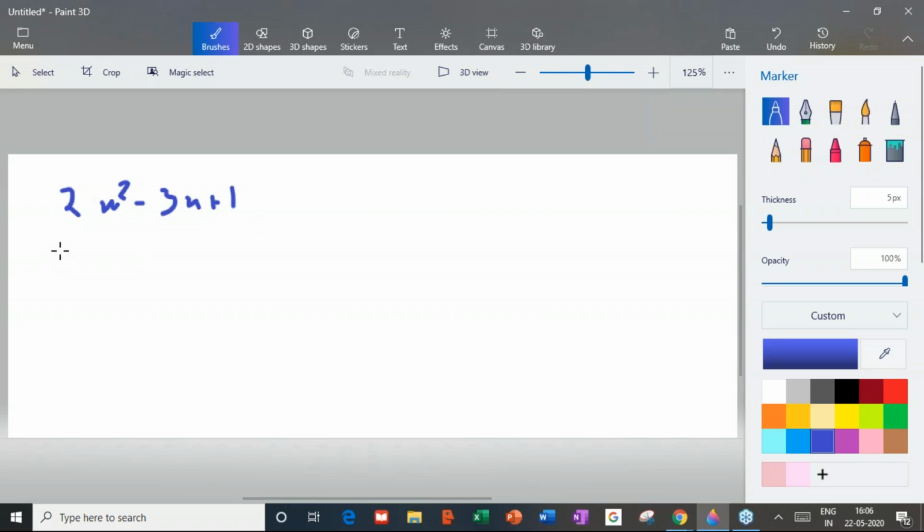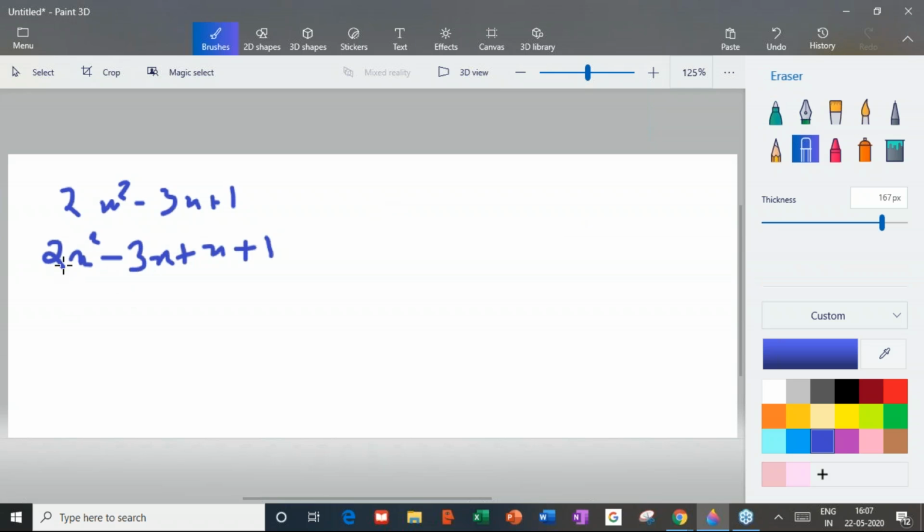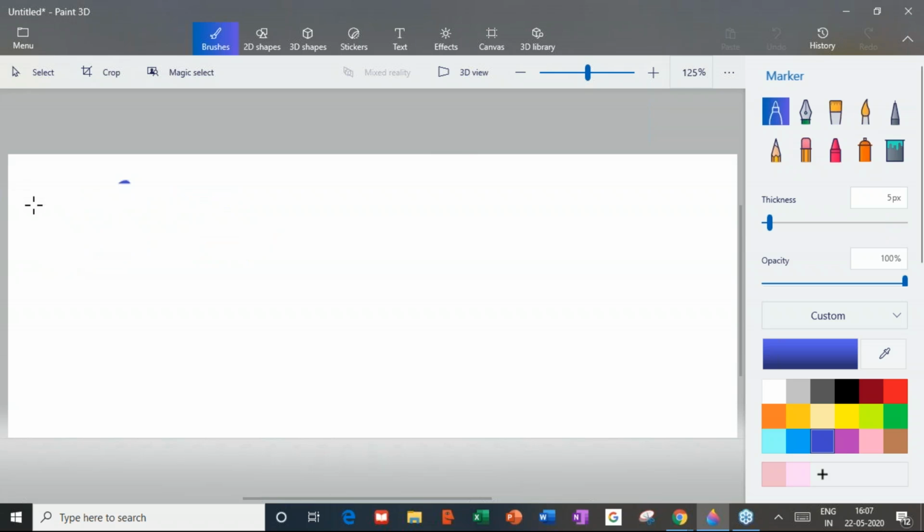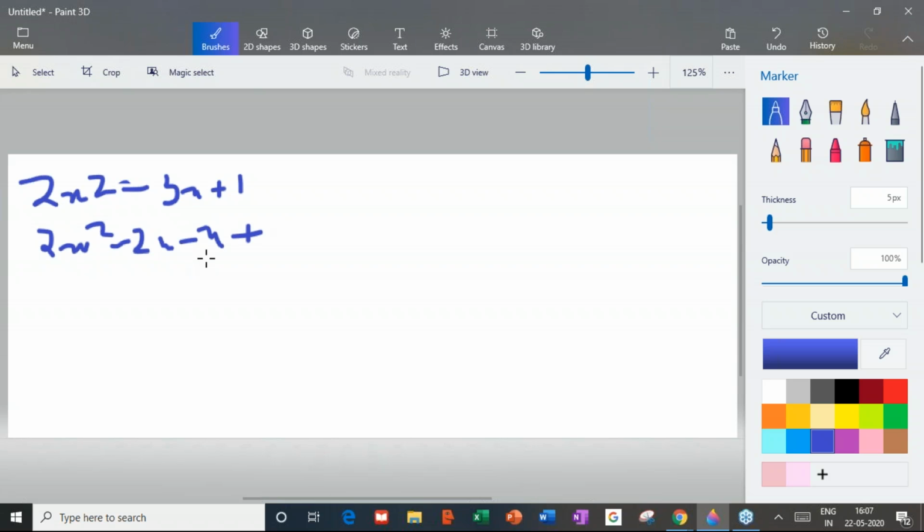Now the product is 2, so you can write 3 in terms of 2 and 1. 2x square minus 3x plus 1 can be written as 2x square minus 2x minus x plus 1, right?